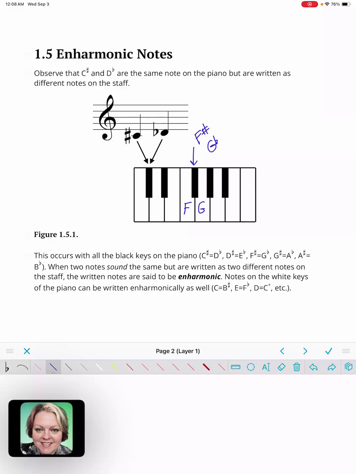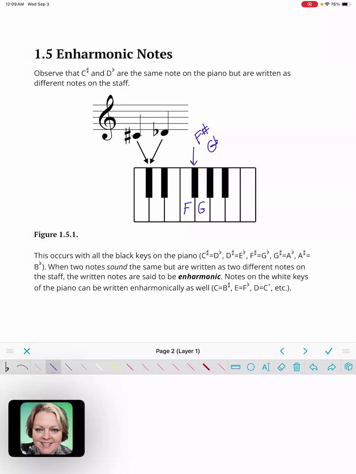The idea here is to show that having a black key that has two different names is not just completely arbitrary, right? F sharp written there would get used in keys that use sharps. If you're using keys that have flats, you would call it G flat instead.